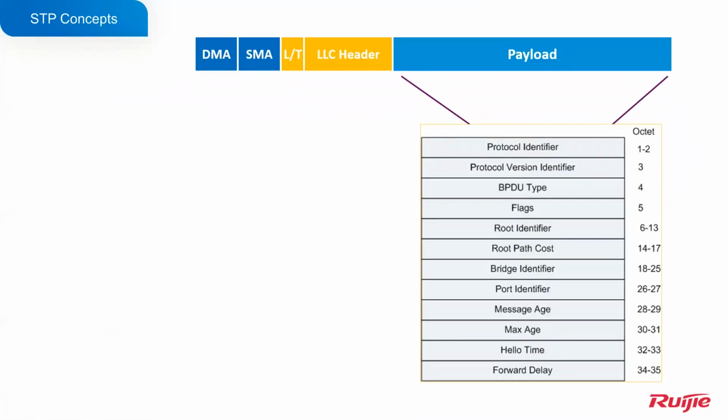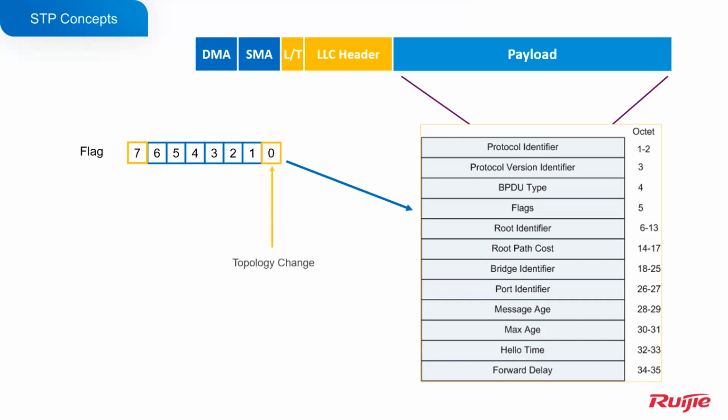And next, in the BPDU, how do we know whether this is a TC or a TCA? It is defined by the flags field. The flags field has 8 bits, and the last bit, which is bit 0, represents topology change. And the first bit represents topology change acknowledgement.